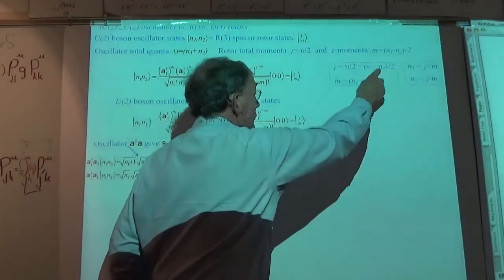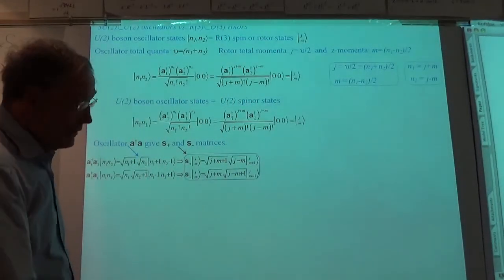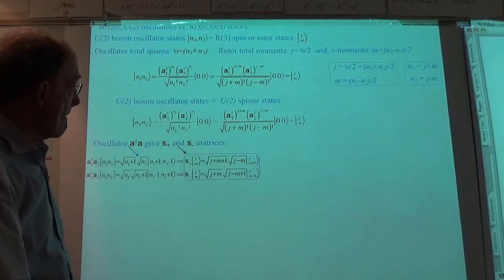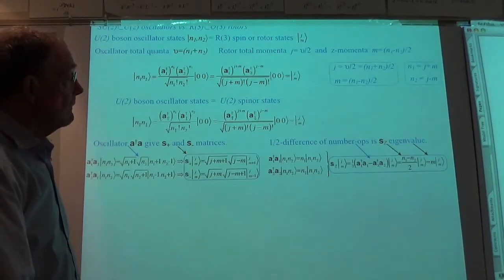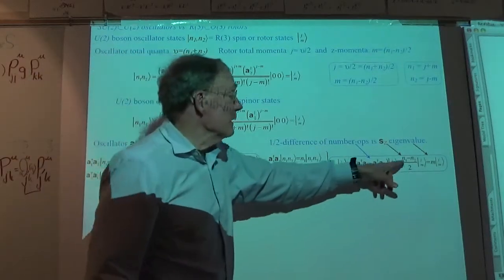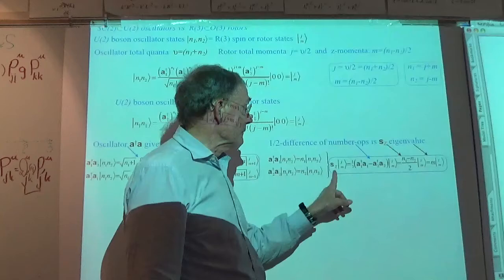Okay, N plus 1 divided by 2 is our J. And M is the difference over 2, I'm sorry. All right. So, half difference number operators. There's where that comes in, right there. That's the M. See, it's just from this.